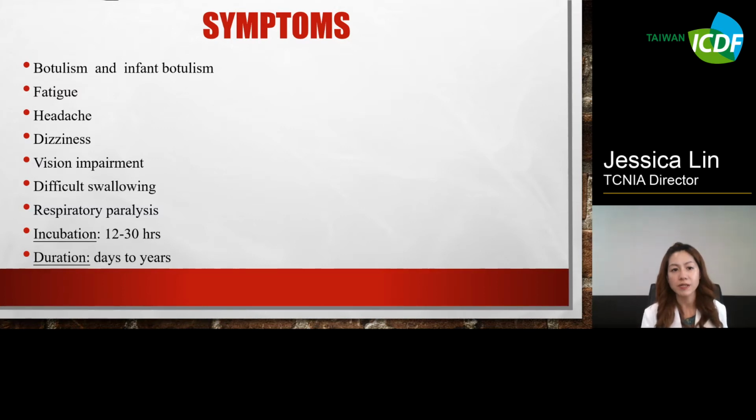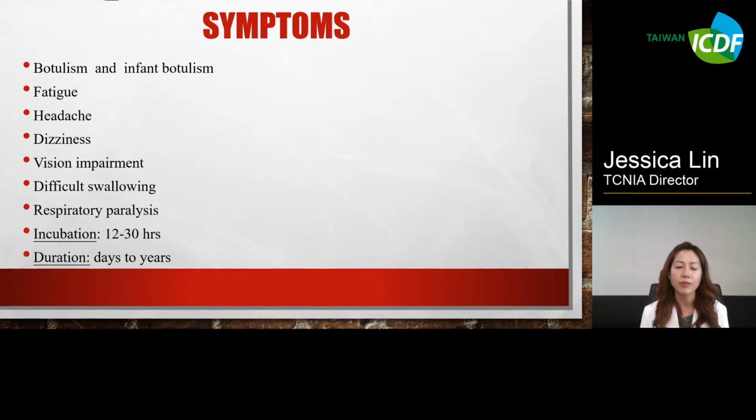And some other symptoms include fatigue, headache, dizziness, vision impairment, so you may start to get blurry vision, can't see very clearly. You may experience difficulty swallowing, and if it gets worse, it may lead to respiratory paralysis.